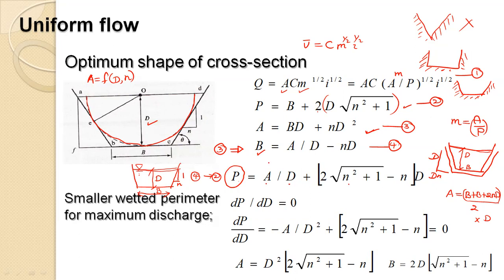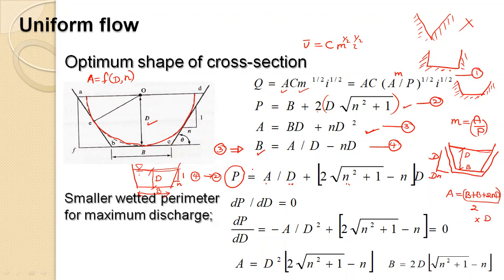Earlier I told you that we will be looking at a given cross-sectional area. So keeping A, the flow area, constant, the independent variables for the dependent variable P would be N and D. That is the water depth and then the side slope.